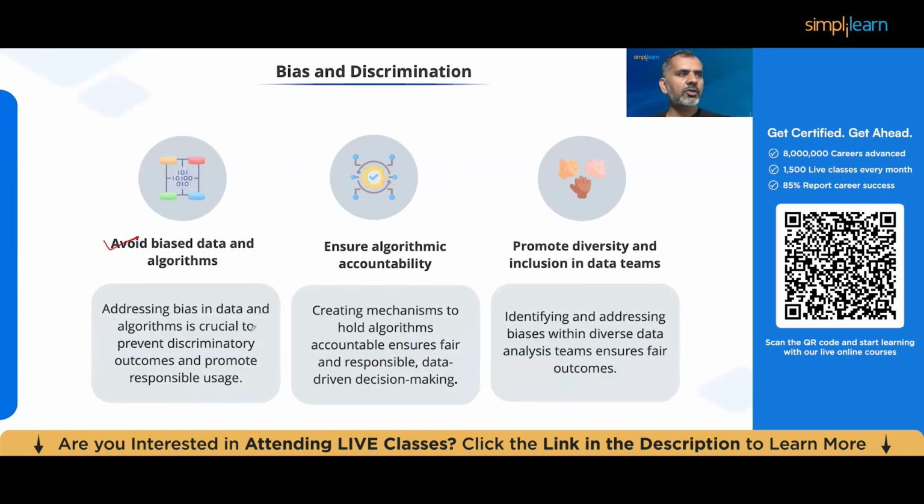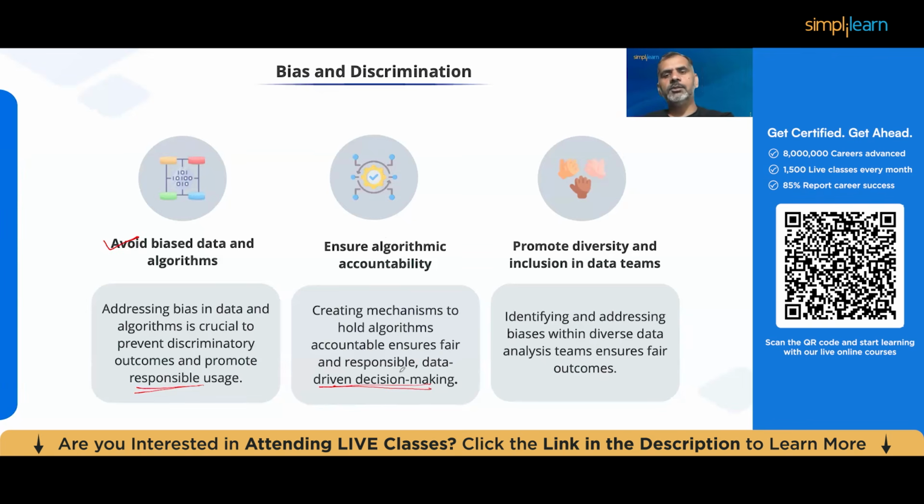Addressing bias in the data and algorithm is crucial to prevent discriminatory outcomes and promote responsible use of it. That's a very important concern whenever we build models that are specifically built for a community, for societal applications. While doing this, we ensure algorithmic accountability also. That means we have to create mechanisms to hold algorithms accountable, ensuring fair and responsible data-driven decision making.